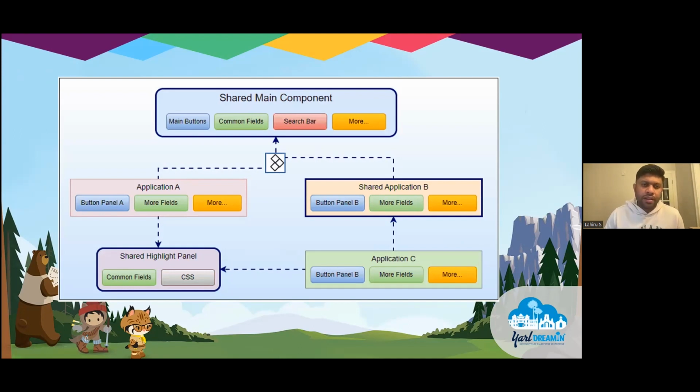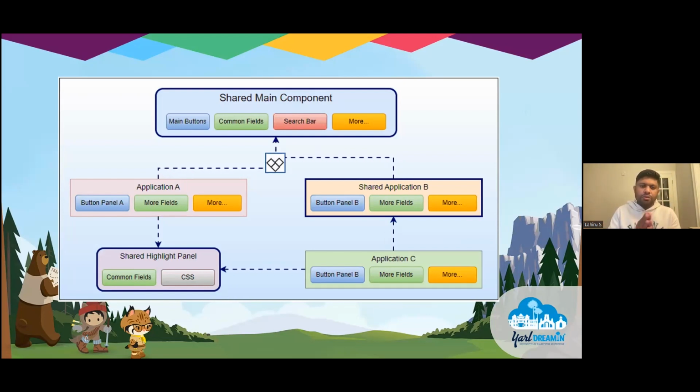Just think of a website that has a breadcrumb, maybe a side panel or highlight panel, which consists of a common structure. If you can see the first one, let's consider a breadcrumb or maybe a side panel, which contains common information like buttons, common fields, search bars, and many more, right? The side panel has to be there on every single page.